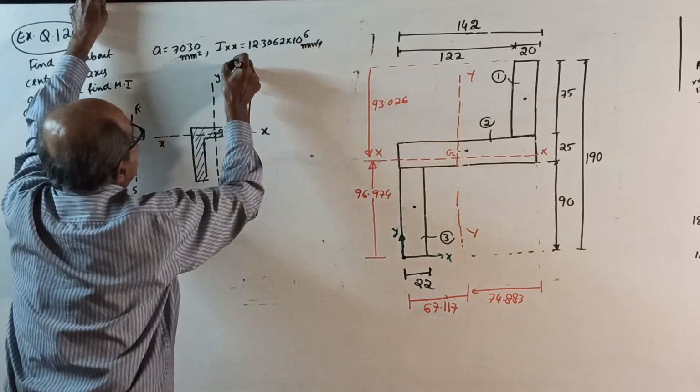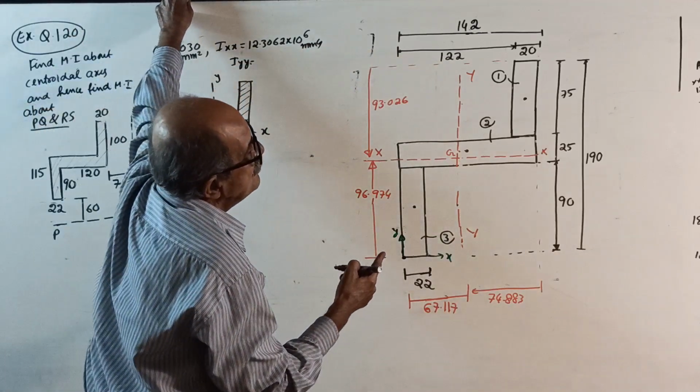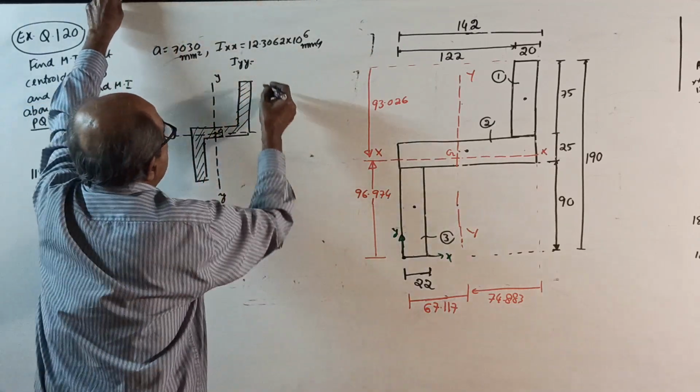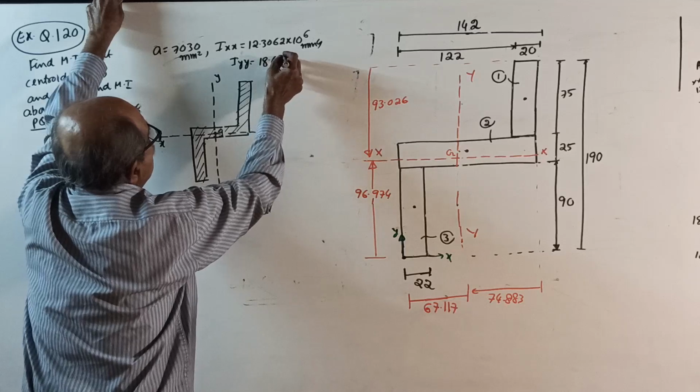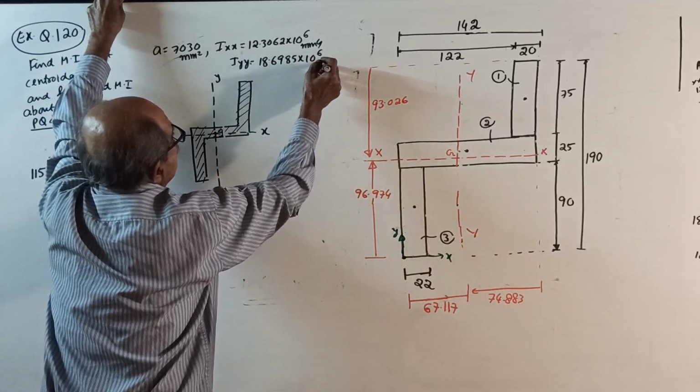Just now we got I about yy, this centroidal axis, as 18.6985 into 10 to the power 6 millimeter power 4.